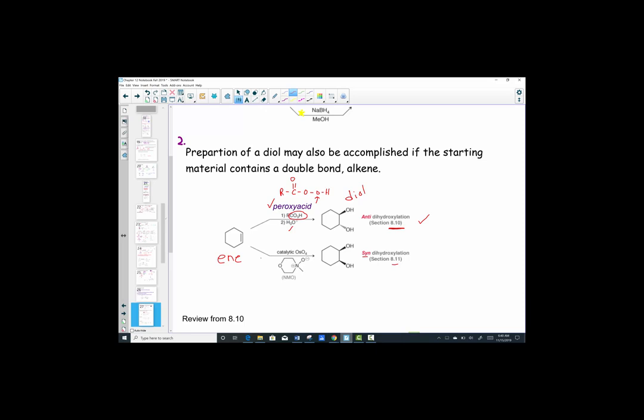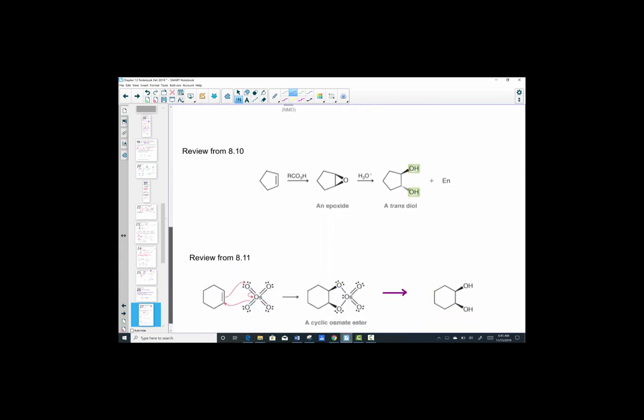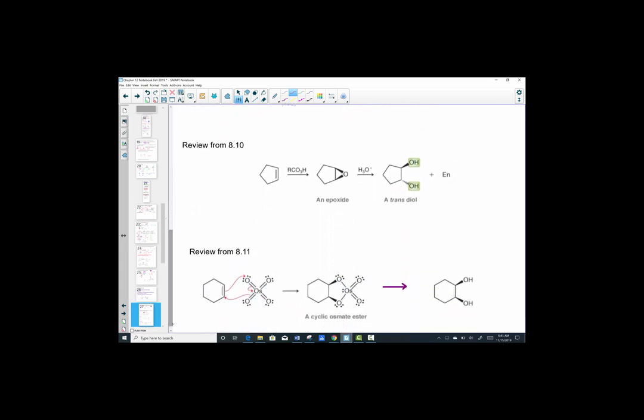These are the tools that we need to add to our toolbox, our reagents, to turn a double bond into a diol. We have to decide if we want that to add anti, which is one dash, one wedge, or a syn addition based on stereochemistry. You end with both dashes or both wedges.